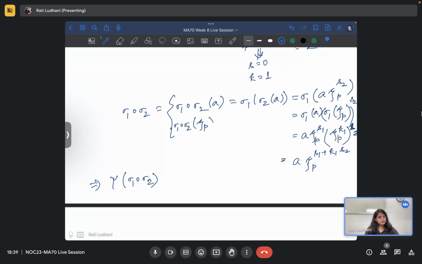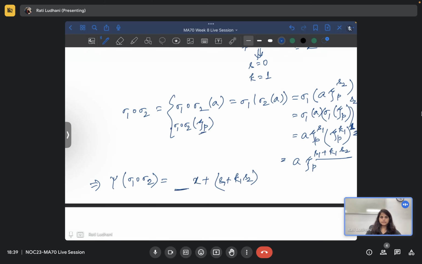For example, this is kx plus s. So s we got, s is equal to s1 plus k1 s2. We already have this. Now we need to find what this is.